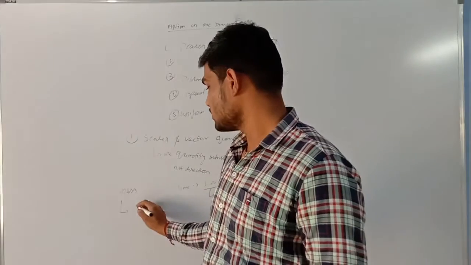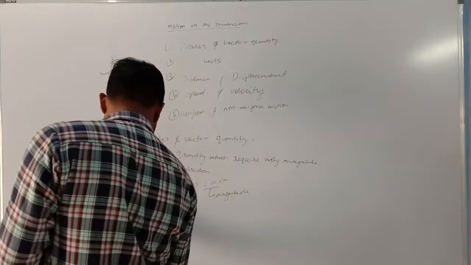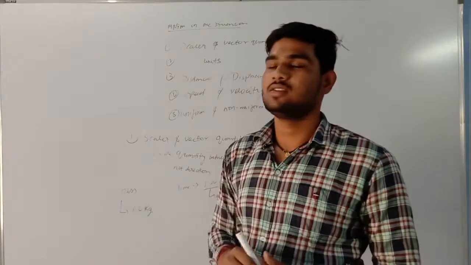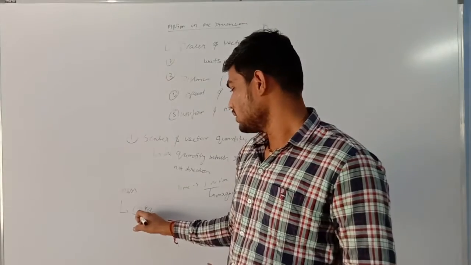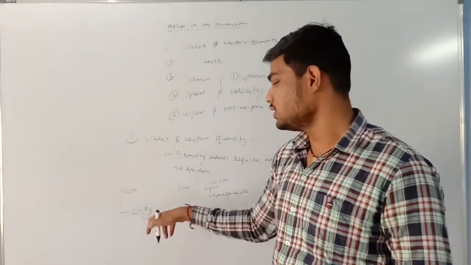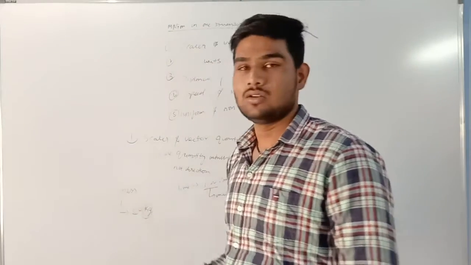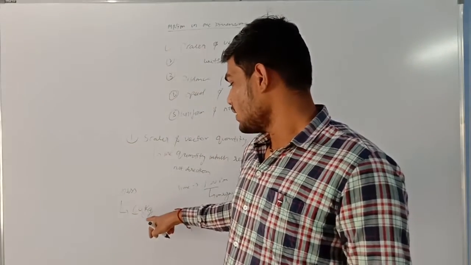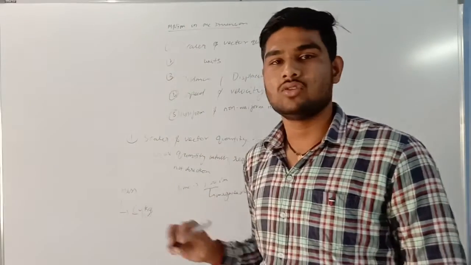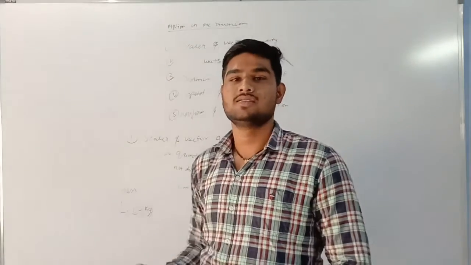What is 60 kg? 60 is showing magnitude, and kg is a unit. It's not a scalar or vector quantity, it's only a unit. kg is a unit, not any type of quantity, scalar or vector. 60 is only magnitude, that's why it is a scalar quantity.